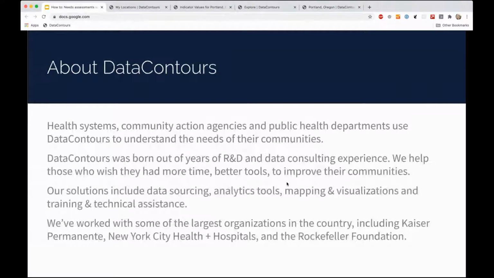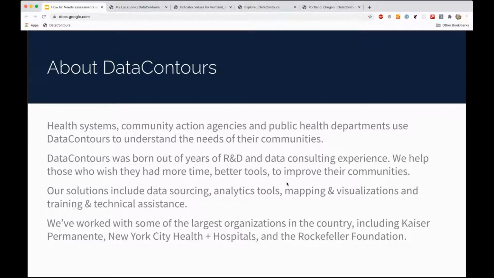Okay, some of you are familiar, some of you are new, so just a quick overview on DataContours. We're a data technology company focused on community and population data. We've been doing this work for a long time, about 10 years, working with large health systems.